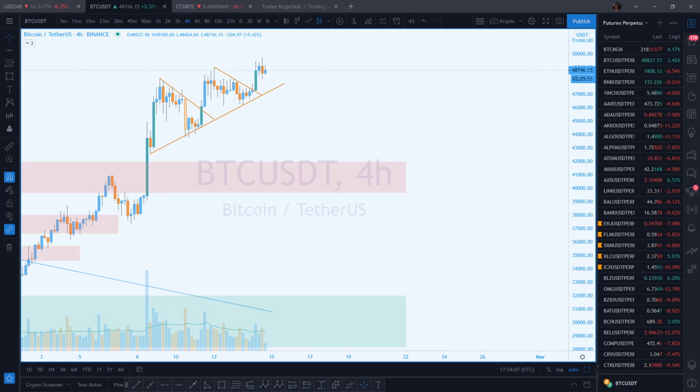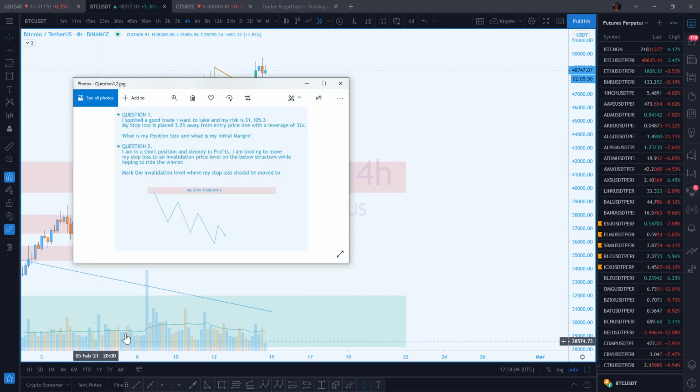So the questions which I've asked, the first one is: I've spotted a good trade I want to take, and my risk is $1,105.3. My stop loss is placed 3.2% away from my entry price line with a leverage of 32x.